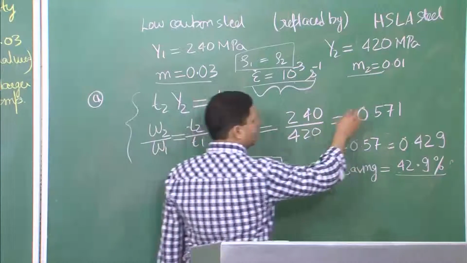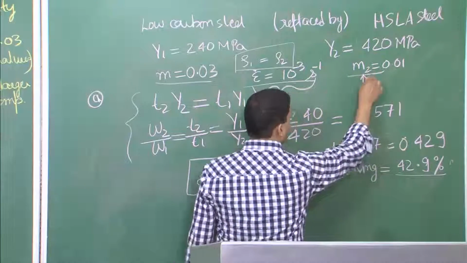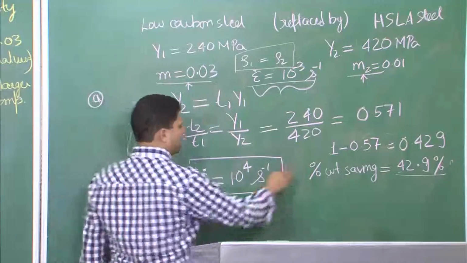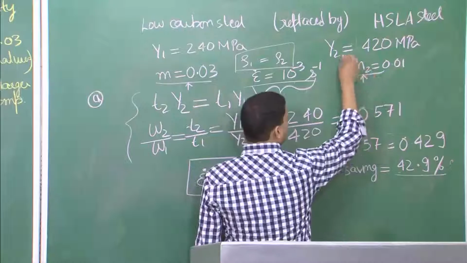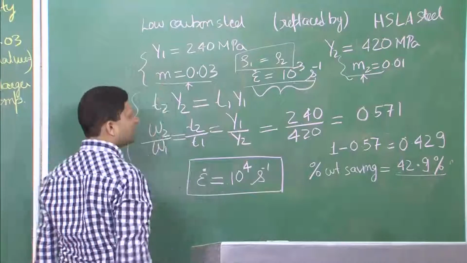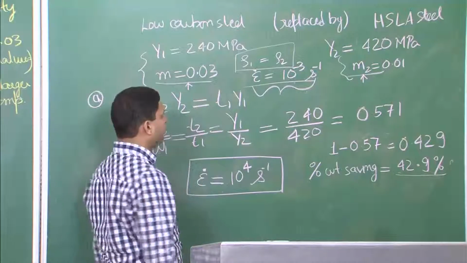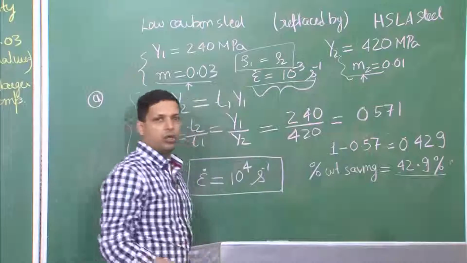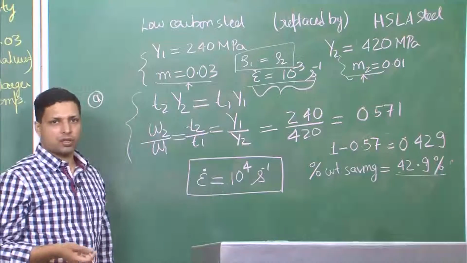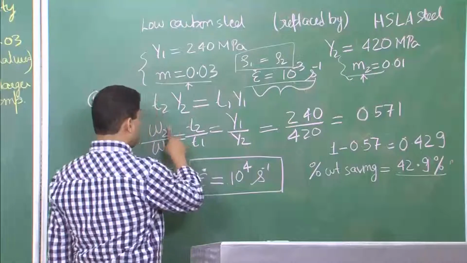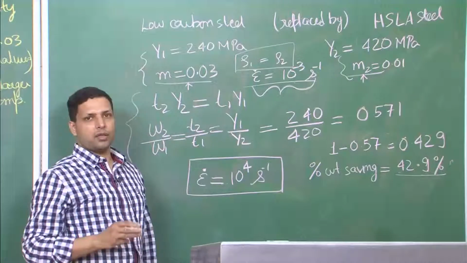What you notice here is that this m value is smaller than this m value, which means that at higher strain rate this will not increase as much, but this will increase by a larger fraction. Therefore, the difference between the yield strengths for the two would not be as much as you see right now, which in turn would imply that the W2 by W1 ratio should decrease.